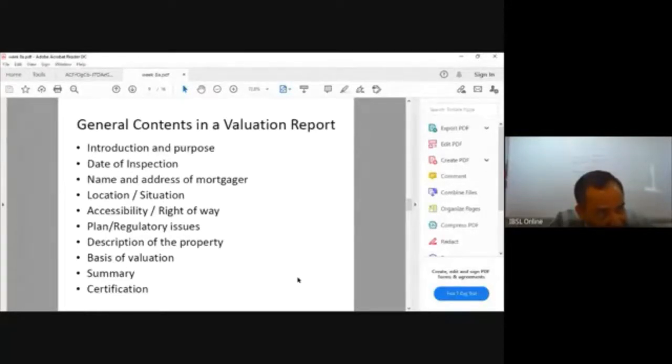So COC also is a must to consider a building for valuation. If you don't have COC, or if you find something constructed, normally COC will not be given for buildings which are not constructed according to the plan.